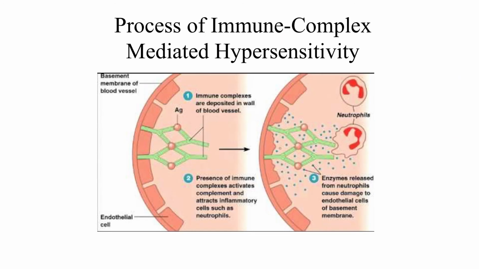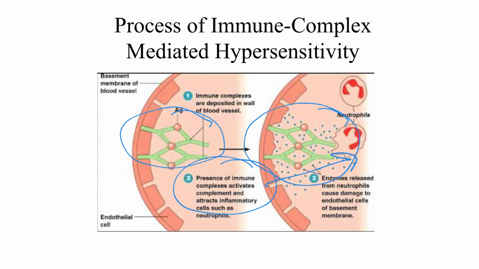All right, here's another picture of this type 3 immune complex mediated hypersensitivity. Here's our immune complex deposited in the vessel wall because it's lodged there. The antibody in general is going to attract these specialized white blood cells who know how to recognize antibody and know to kill anything that it is tagged to, and that creates this destruction that you see.